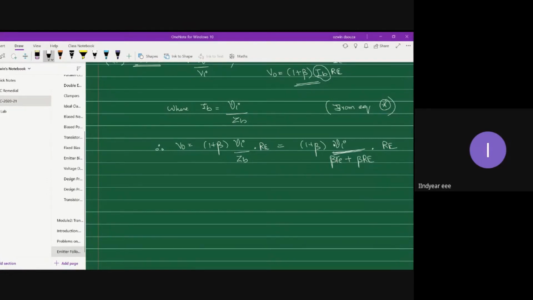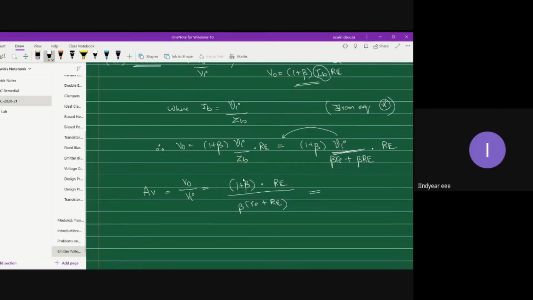Now you can bring this VI onto the left hand side so that you get the ratio V0 by VI, and that ratio we can take as AV. So V0 by VI is equal to the right hand side terms: 1 plus beta into RE in the numerator, and in the denominator beta times re plus capital RE.